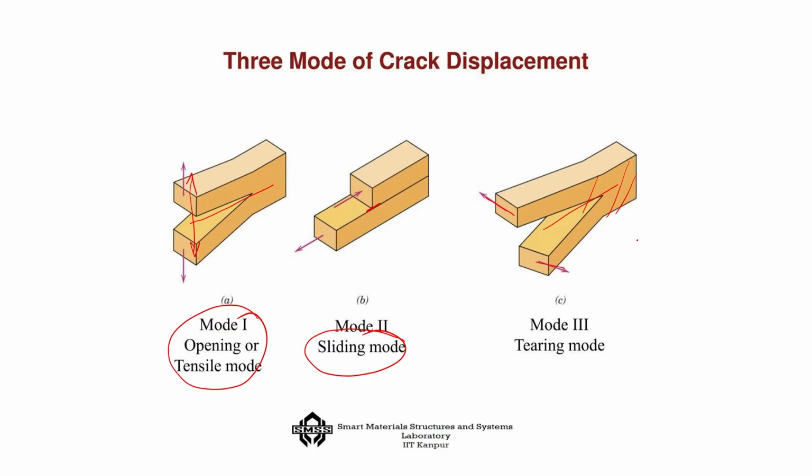So, you have not just KIC, but you have KIC or KIIC or KIIIC depending on the application. So, you have to see what the application is in your case, and accordingly measure the fracture toughness, though in general we always refer to it as KIC. So, you have to keep these three modes of crack displacement and crack failure in mind.